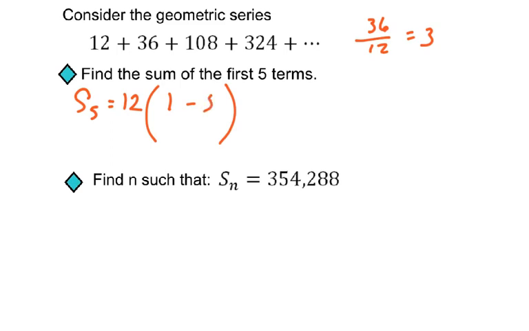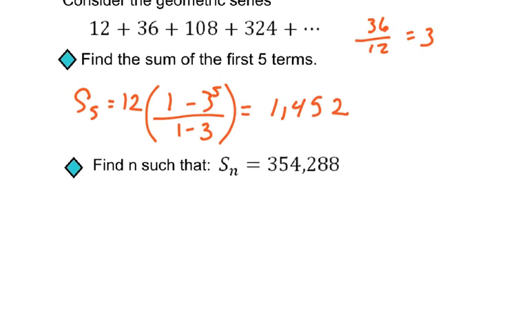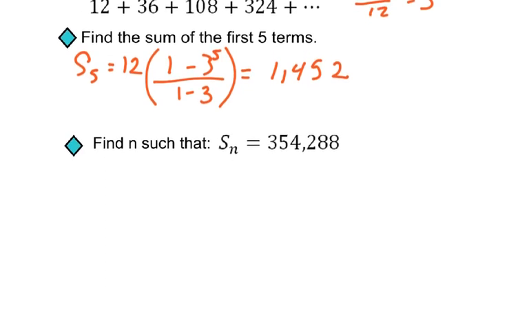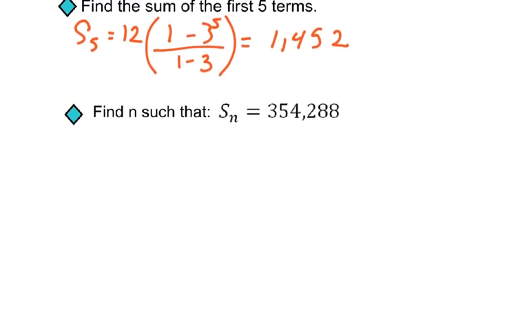So 1 minus 3 to the 5th over 1 minus 3. 1,452.